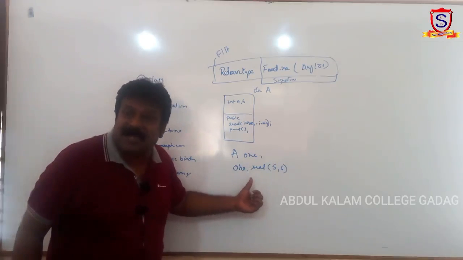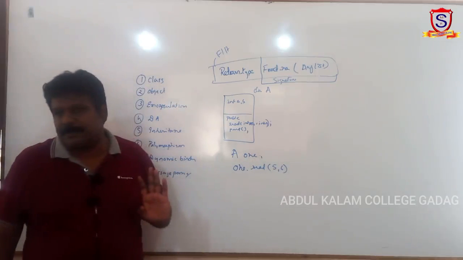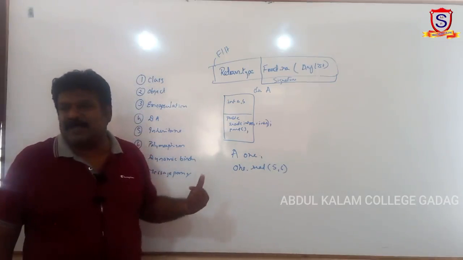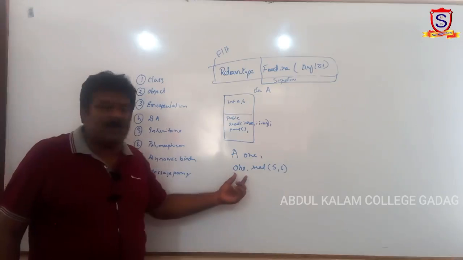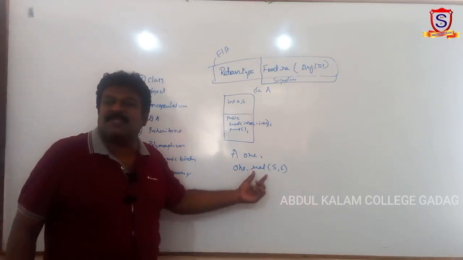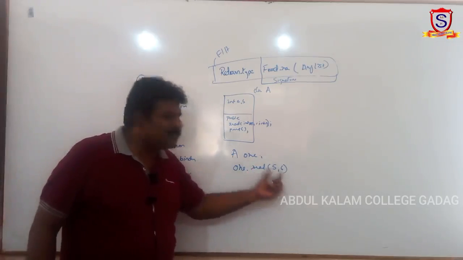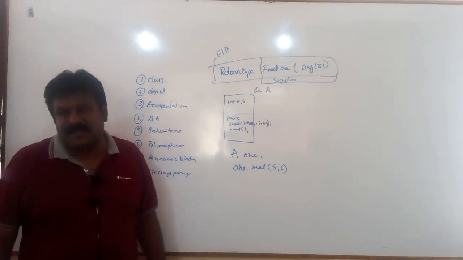The message has been passed to the function called read with two values, that is 5 and 6. So this is what is called message passing by a particular object. For your convenience, how can we remember? When a particular object calls a particular function, it is sending one message to this function, message passing with these particular values. This is what is called message passing.